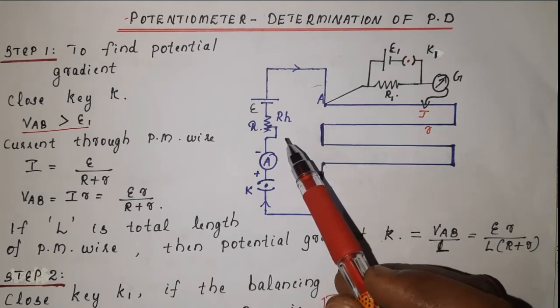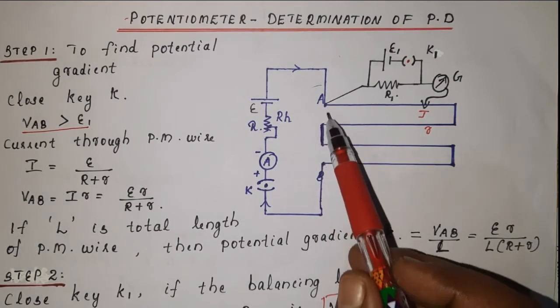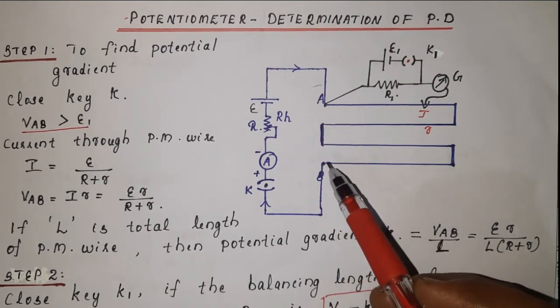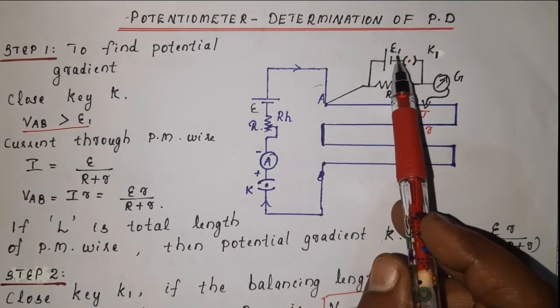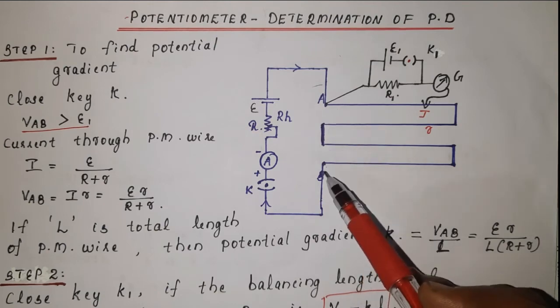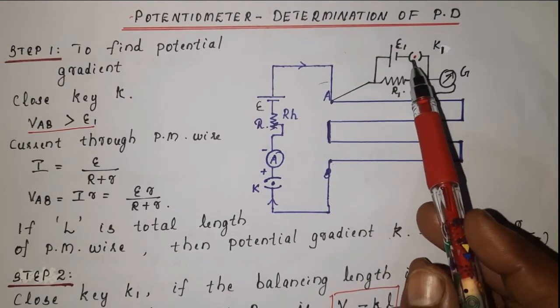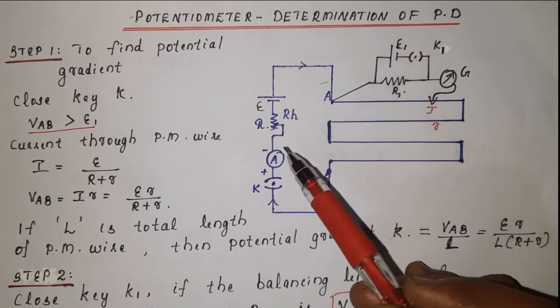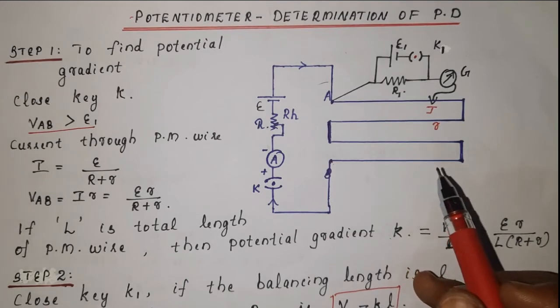We have to make the current through the potentiometer wire in such a way that the potential difference across A and B, that is VAB, should be greater than epsilon 1. So the potential difference between the ends of the potentiometer wire should be greater than epsilon 1.